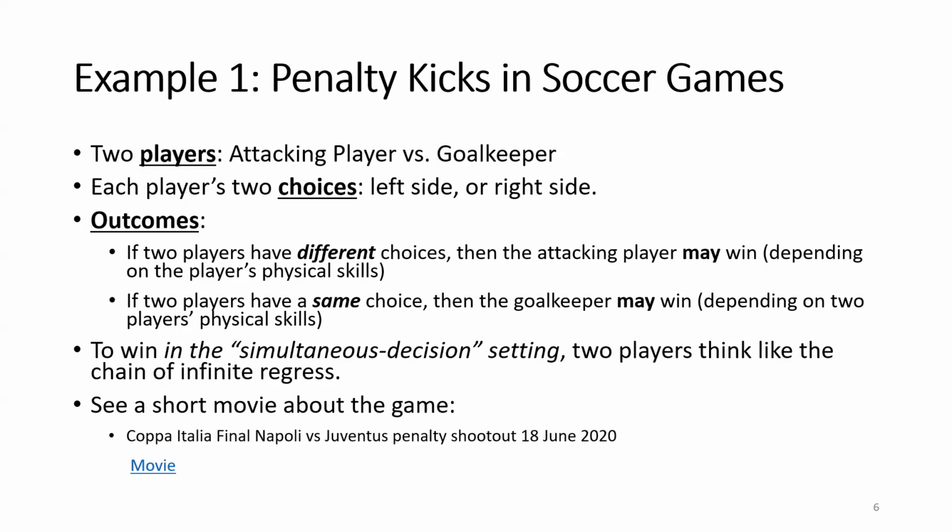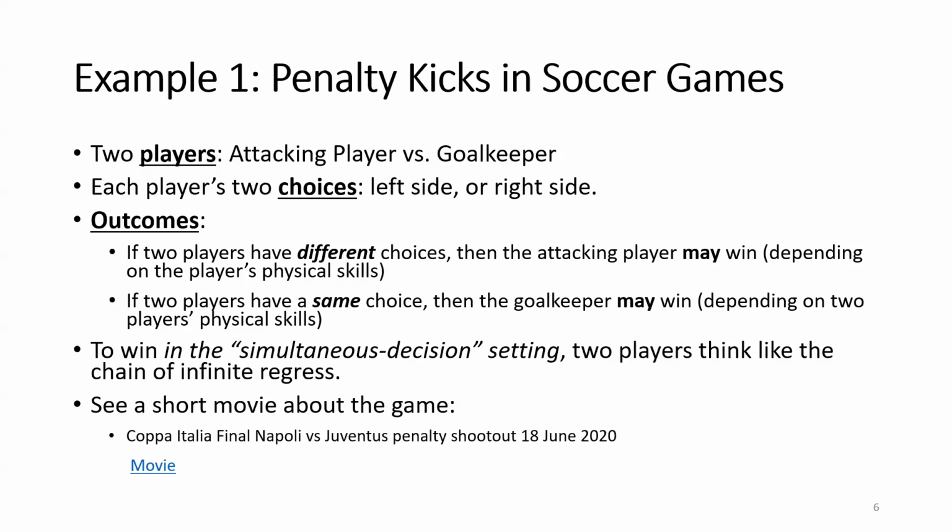One winner and the other one loses; the win-win situation and the lose-lose situation do not exist in this game. So the outcome: these two players have different choices, the left-hand side and the right-hand side.